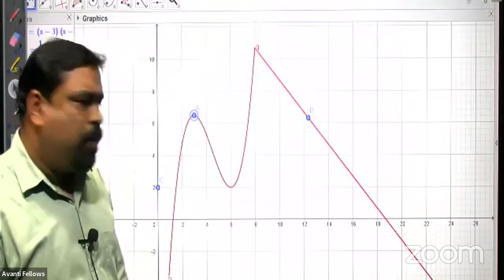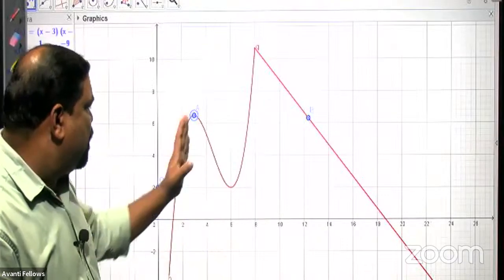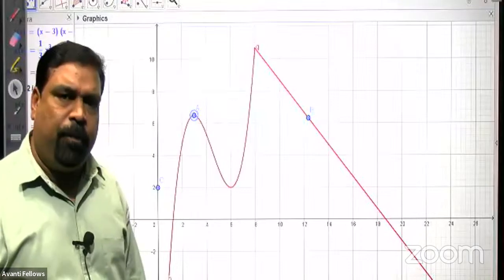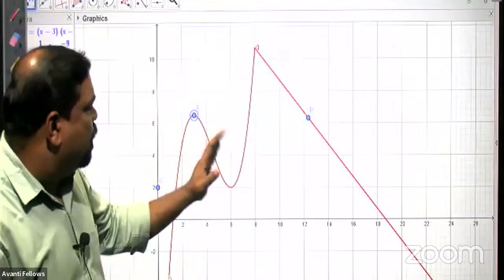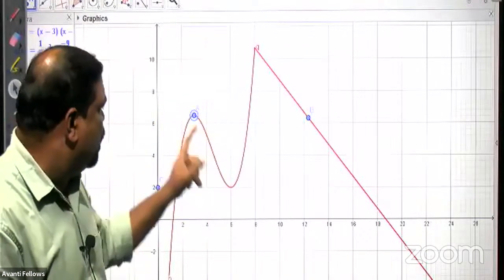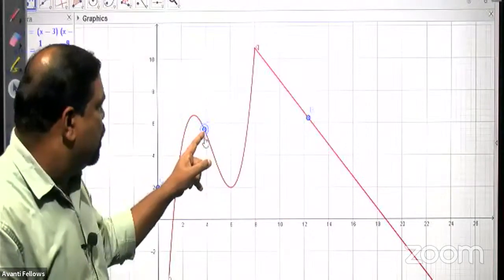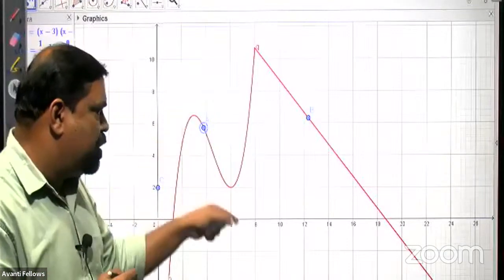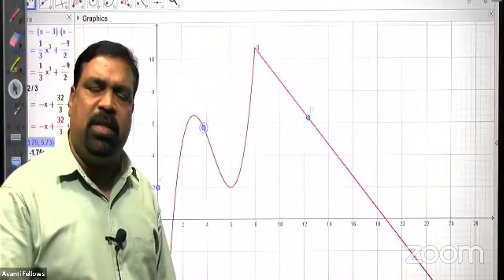So very clearly from the graph, on the left side of that critical point, the derivative of the function is positive. And on the right side, if you cross that point, the derivative is negative because the function is of decreasing nature. Decreasing means the derivative is negative.